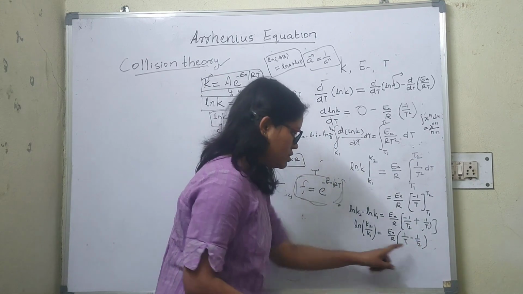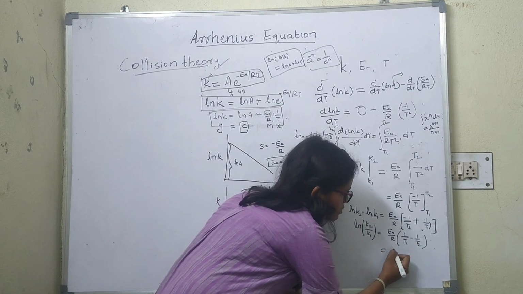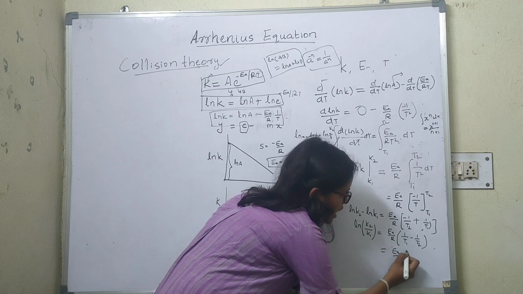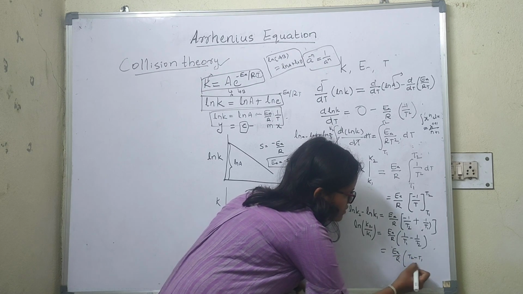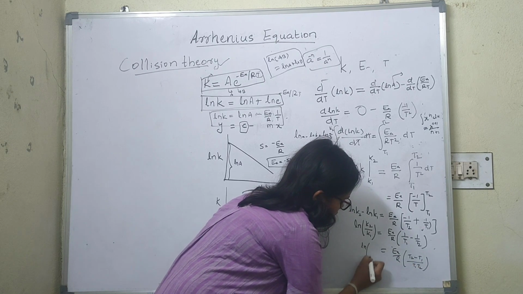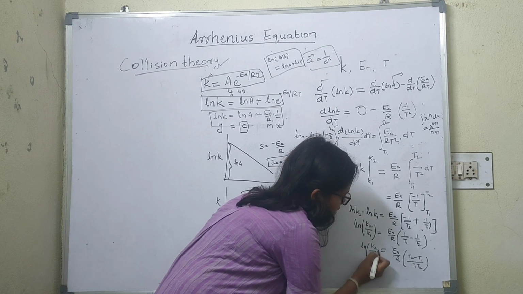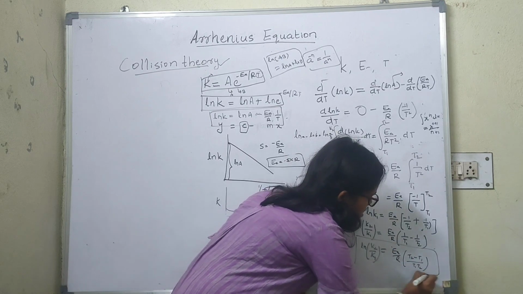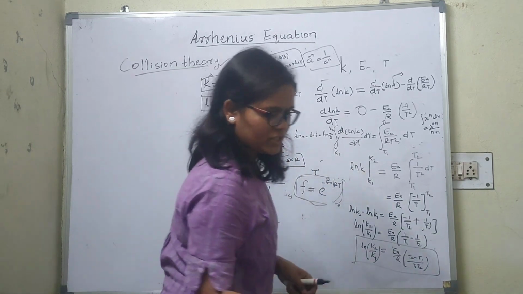If I take the LCM, this becomes EA over R times t2 minus t1 by t1 t2. So ln k2 by k1 is this much. This is the integral form of the Arrhenius equation.